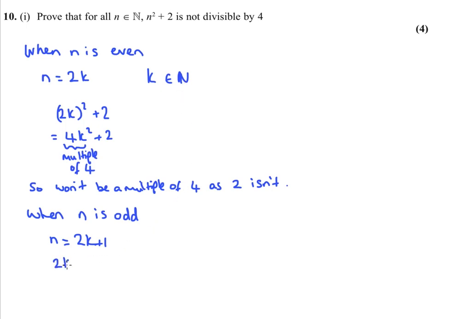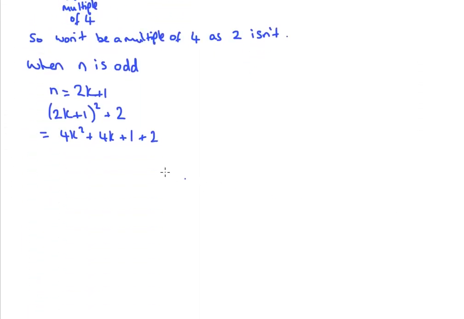And then if we square that, we are going to get 4k squared plus 4k plus 1 plus 2, sorry, I'm getting ahead of myself, which simplifies to 4k squared plus 4k plus 3.